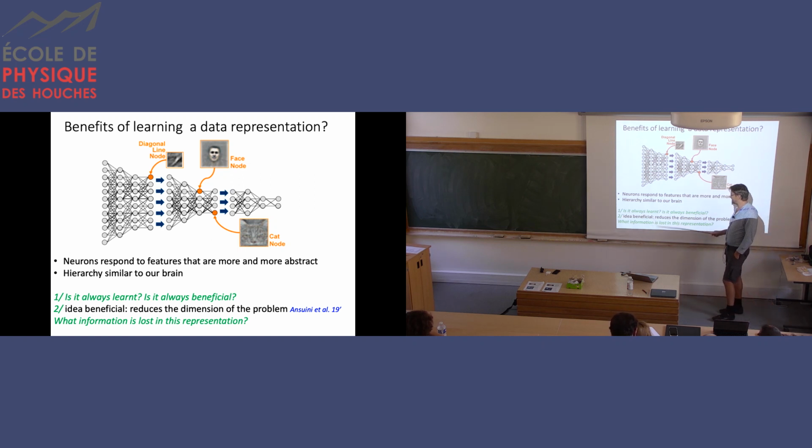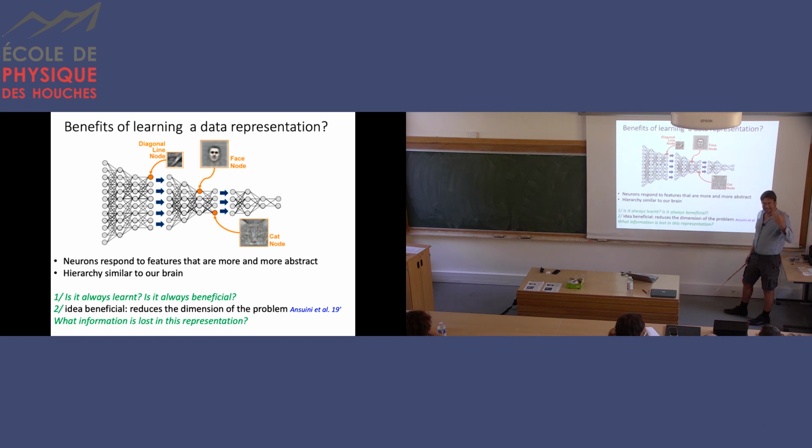And one that was discussed, I think, by Nati and others in the first lectures is: is it always the case that you actually learn features, learn an interesting representation? I think you already know that there are different training regimes for those algorithms where in some regimes they don't, in others they do. And so you can ask the question of whether it is always beneficial or not to learn those features.